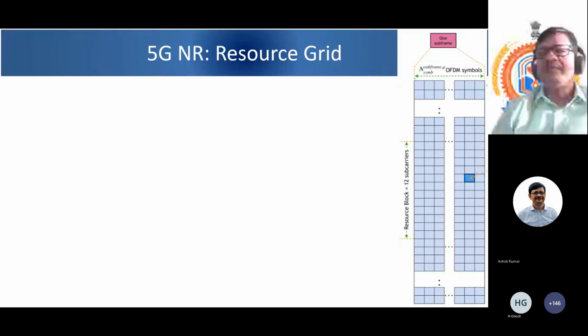On this axis, this is the time domain. So a resource grid duration is one subframe, that means 1 millisecond. A subframe is always 1 millisecond. And on this axis, you have frequency, subcarriers.